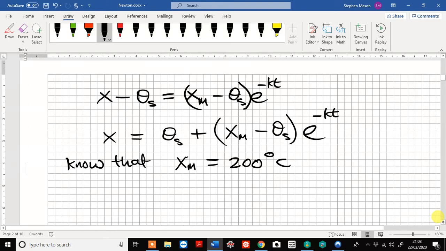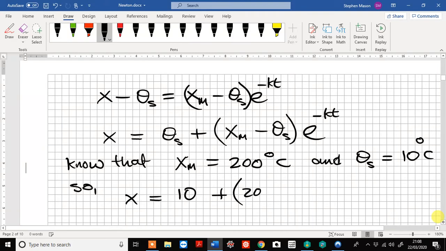And we know also theta s, as I said earlier, was 10 degrees C. So x is equal to 10 plus 200 minus 10 e to the minus kt.